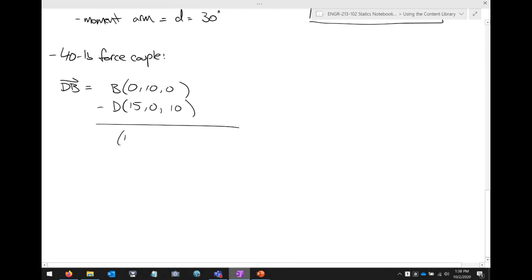So that's negative 15, 10, negative 10, and my DB vector is minus 15i plus 10j minus 10k, in inches.